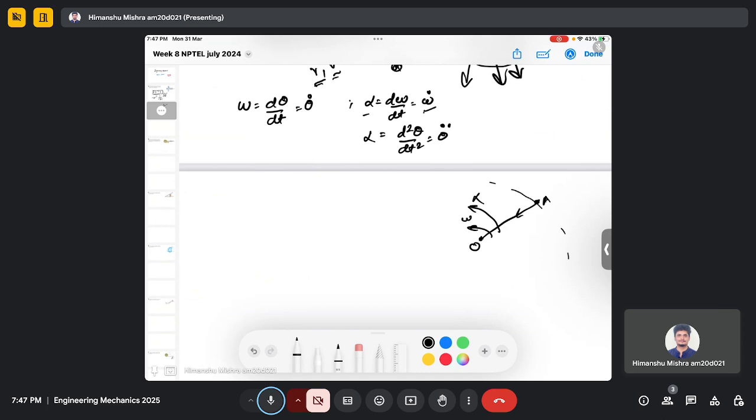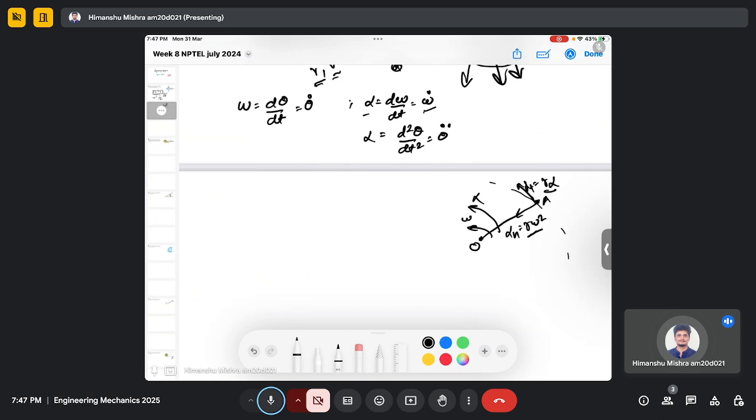Acceleration. So this is your angular acceleration, the normal direction, which is r omega square. This we have seen in the previous class and also in the beginning lecture when we were discussing the curvilinear coordinate. And this is alpha t, which is r alpha.